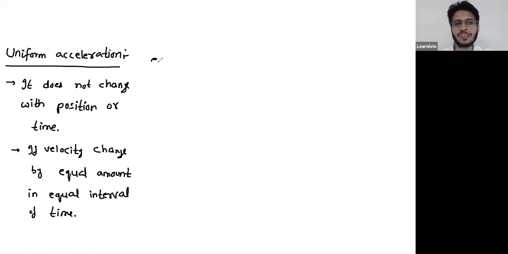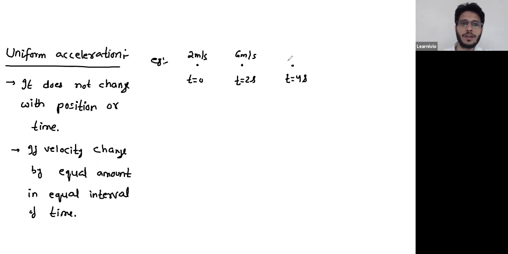Let's say at t equal to 0, velocity is 2 meter per second. At t equal to 2 seconds, velocity is 6 meter per second. At t equal to 4 seconds, velocity is 10 meter per second.